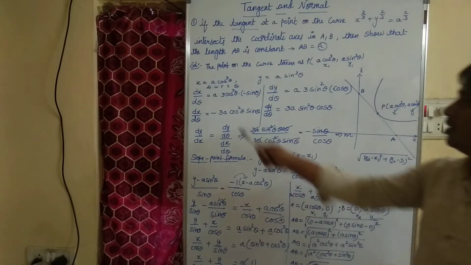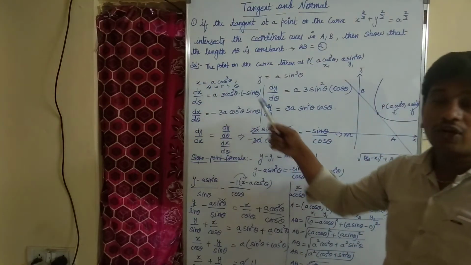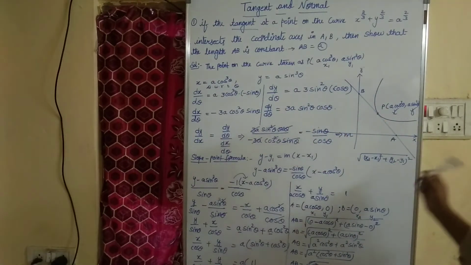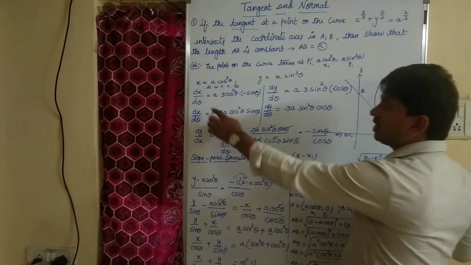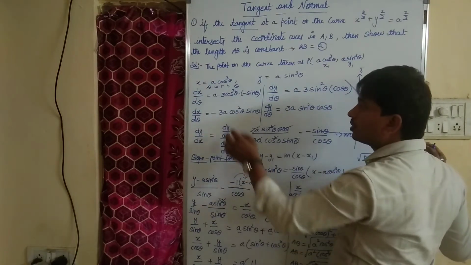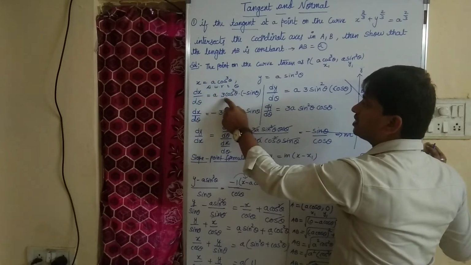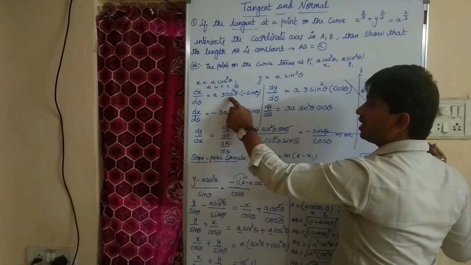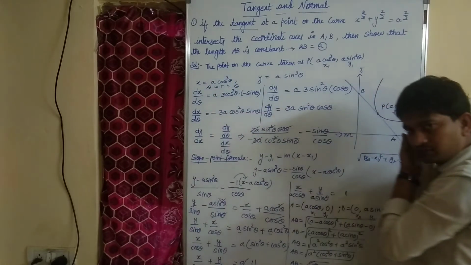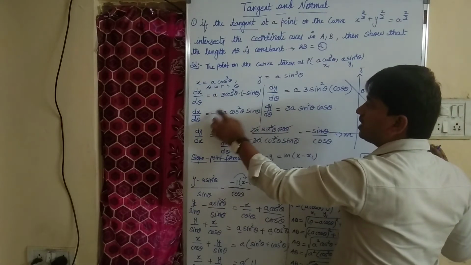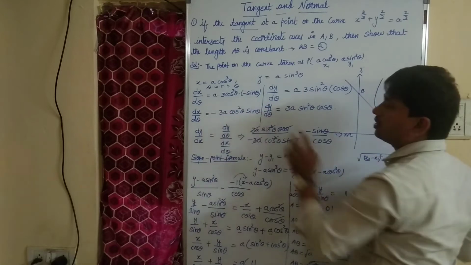That is the reason we call x as a cos cube theta and y as a sin cube theta. Now we differentiate it with respect to theta. dx by d theta equal to a constant, cos cube theta derivative 3 cos square theta, again cos theta derivative minus sin theta. 3 into a, 3a, that is minus 3a cos square theta sin theta.